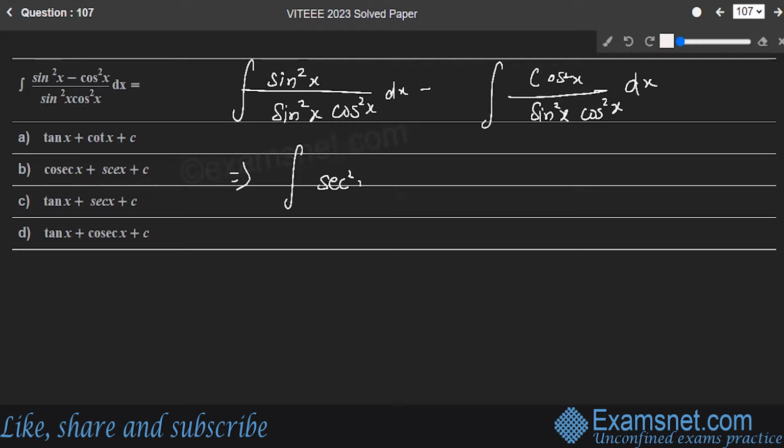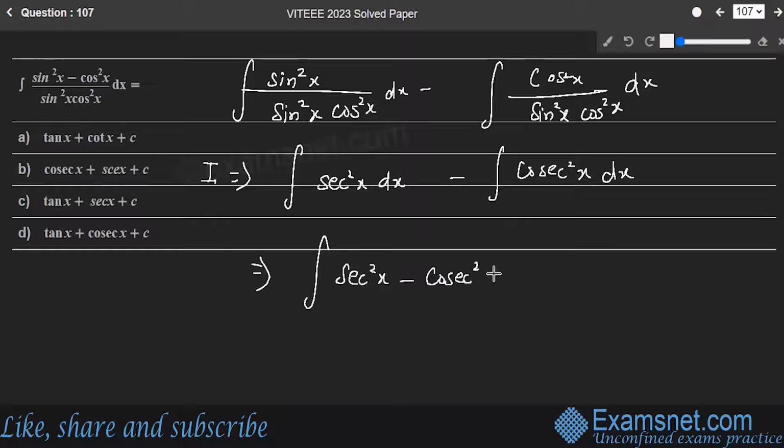I can directly write it as secant square x dx minus cosecant square x dx. So let's say this is equal to I. You can write it like this, secant square x minus cosecant square x dx.